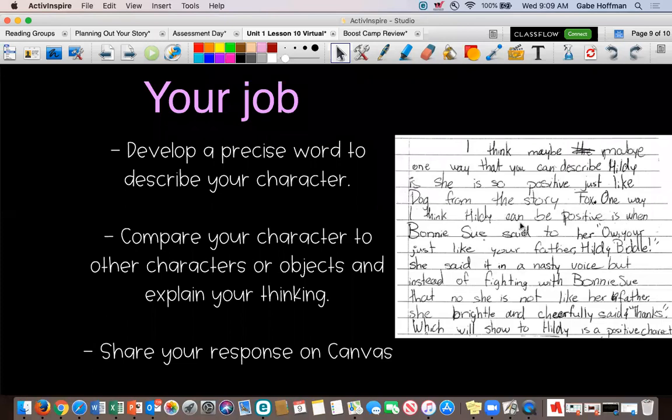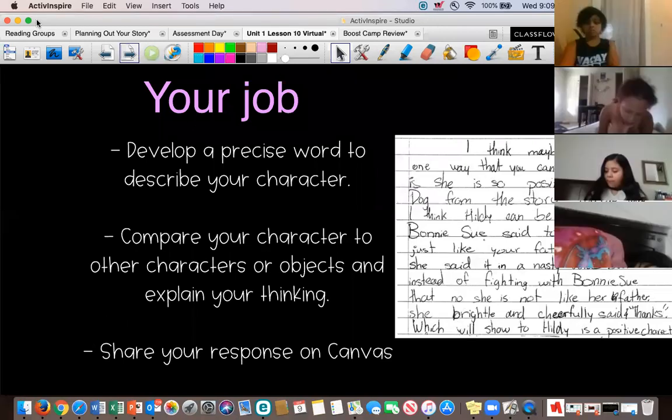One way I think Hildy can be positive is when Bonnie Sue said to her, you're just like your father, Hildy Biddle, in a nasty voice, but instead of fighting with Bonnie Sue, she is bright and cheerful. And she said, thanks, which shows that she's a positive character, right?